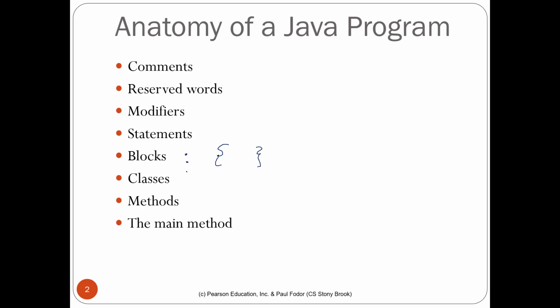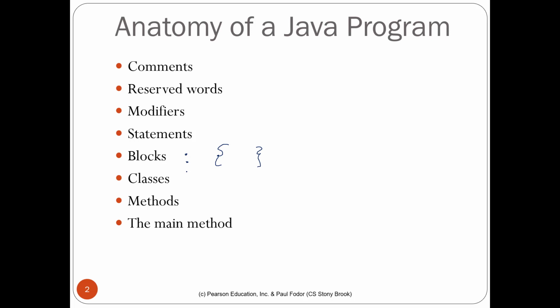Even for that very simple program where we were just printing a message on the console, that means on your monitor, you needed a class. Classes are very important, and to create a class we have a reserved word as well. So in a Java program, expect at least one class.